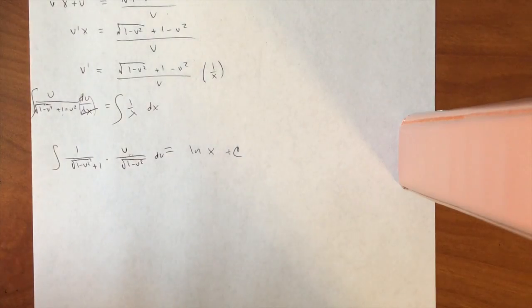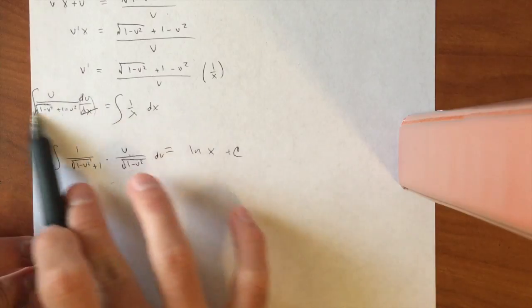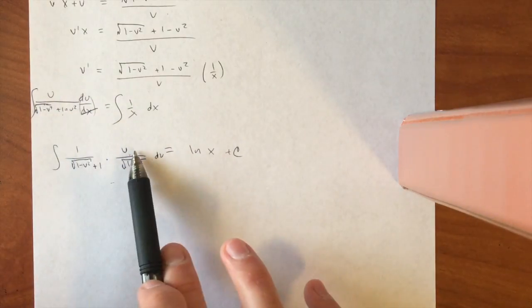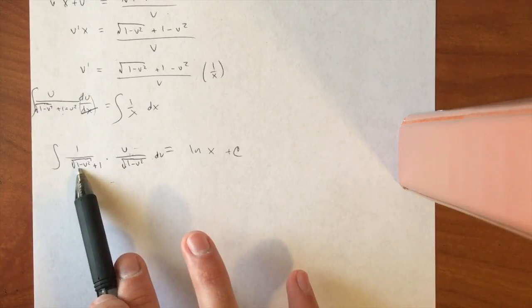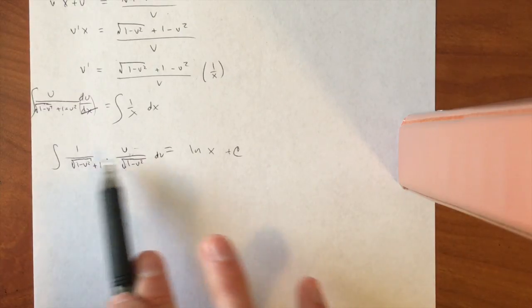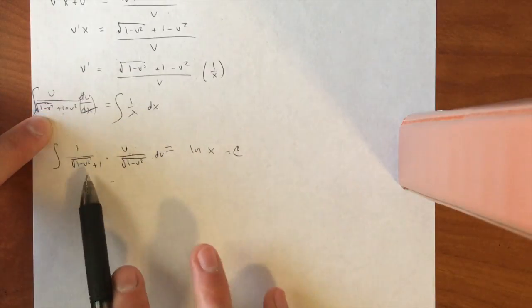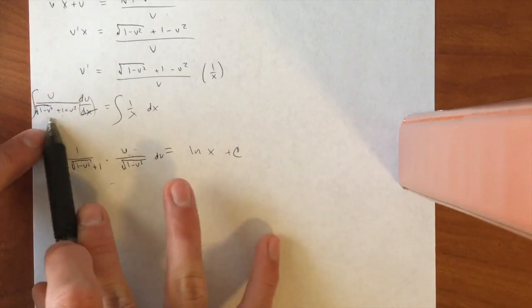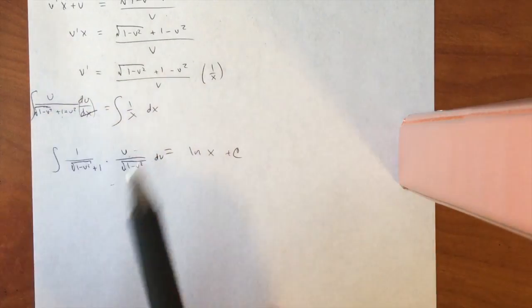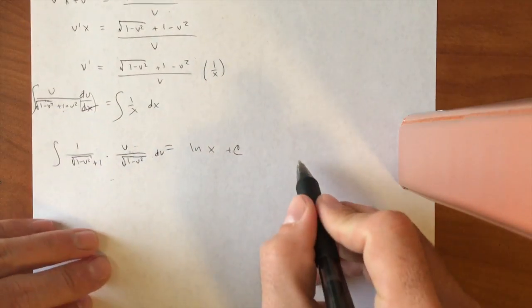And if we look at this, this is the exact same thing as what we have up here. If we multiply the numerators, we'd have a v. If we multiply the denominators, we'd have 1 minus v squared, because the radicals will cancel out, which is what we have. So this is the exact same thing as this, but it'll help us when we are trying to integrate it.